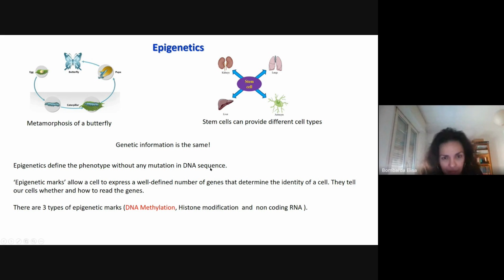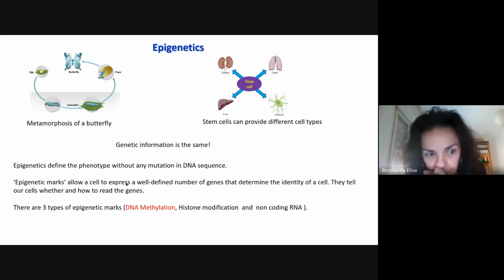The DNA sequence is what it is, but there are so-called epigenetic marks, which allow certain genes to be expressed or not, and determine the identity of a cell. Practically, the epigenetic marks tell us how to read the genes.